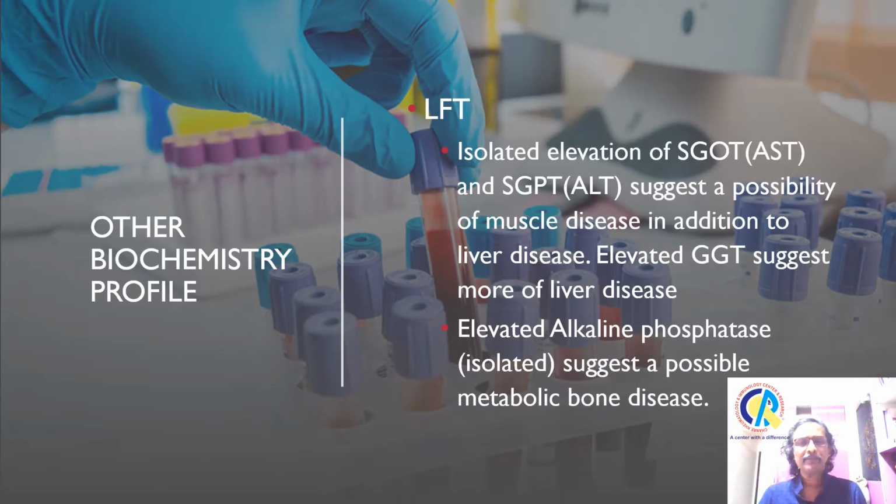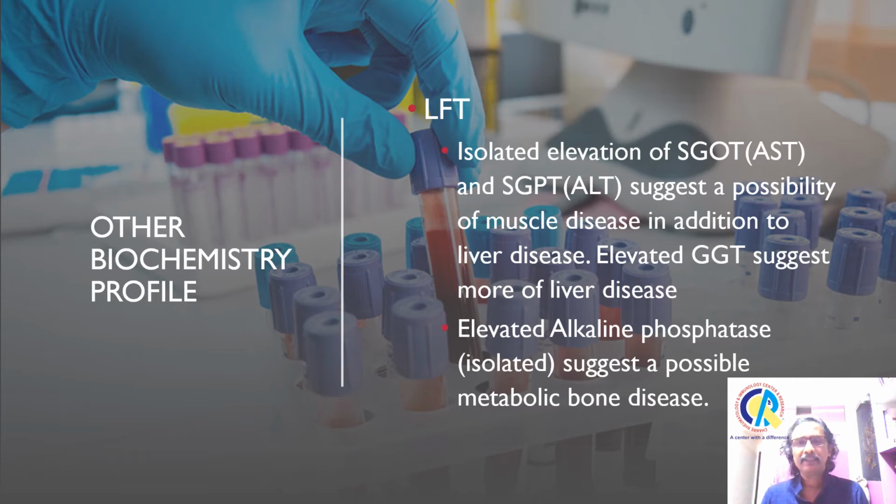The other biochemistry profile is the liver function test. When you do a liver function test, if there is a complete abnormality in the liver functions, the possibility of autoimmune hepatitis or a possible association of autoimmune hepatitis with a connective tissue disease should be considered.